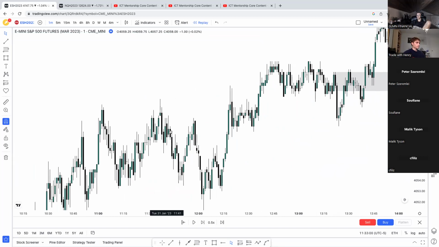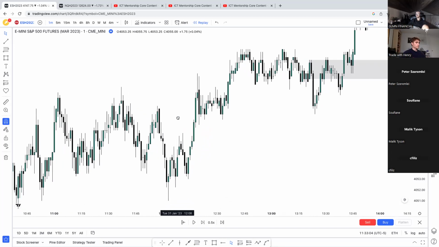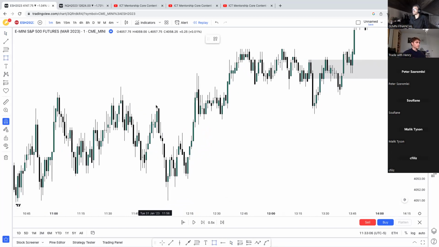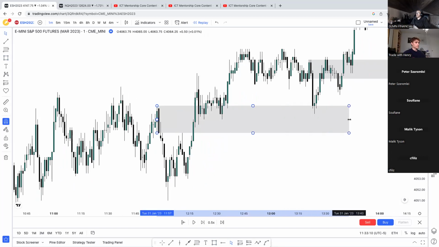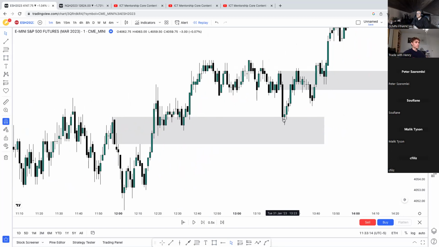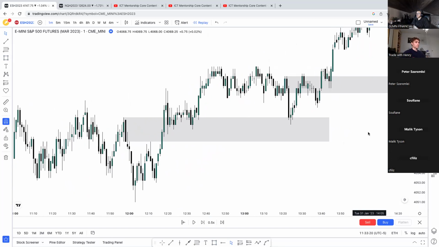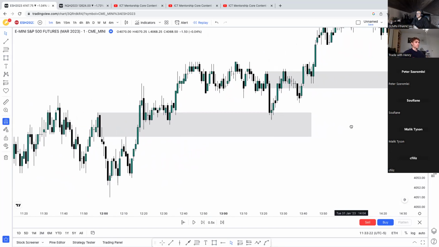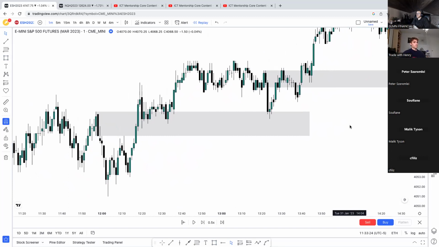Right there. 11:57. Yeah, right there. And this week down at 13:23, that was my entry on this breaker block. And after this, I think you also saw this. And since this breaker was respected, it indicated an up move. So maybe that's why.